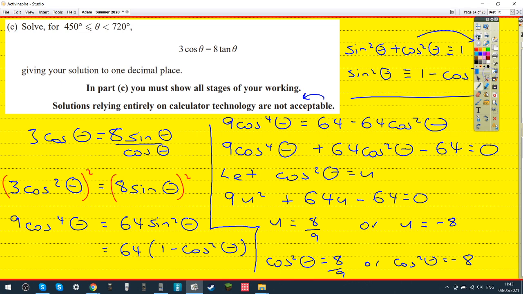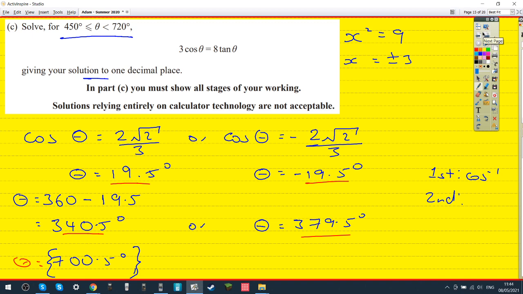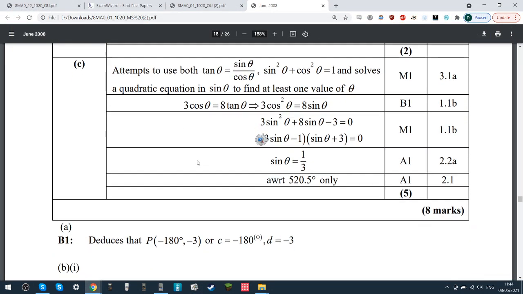Hopefully your calculator was alright. Hang on. Yeah, it was. So I did this sine squared thing. Hang on, I want to see. They seem to have used a simpler method. So we went to the power of 4. They managed to avoid that.